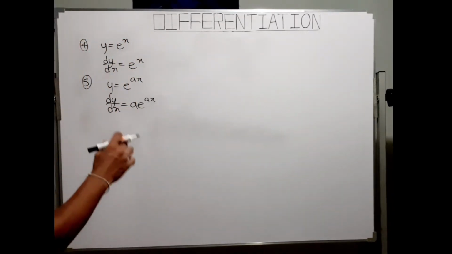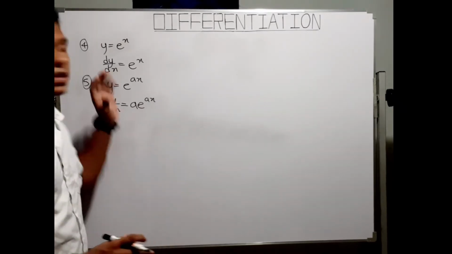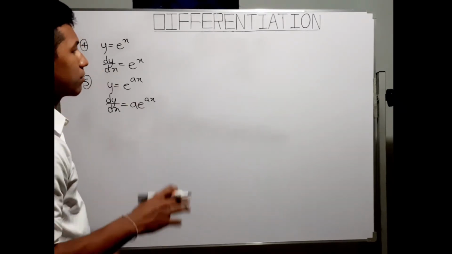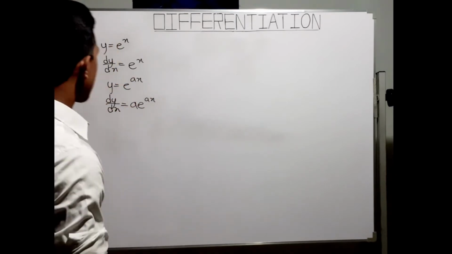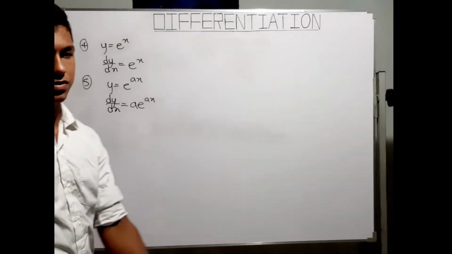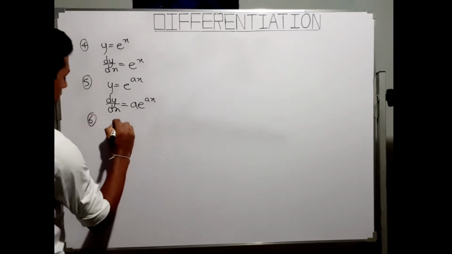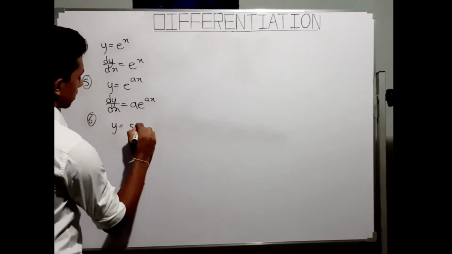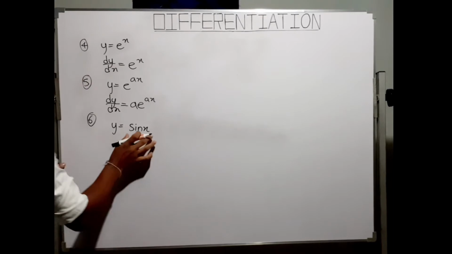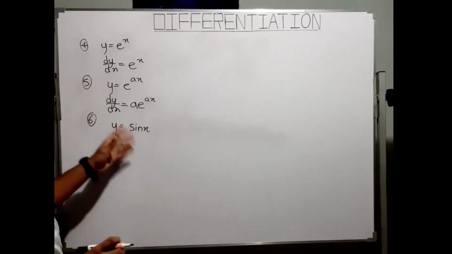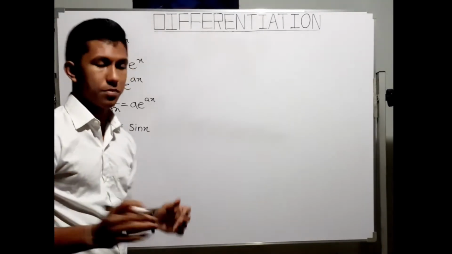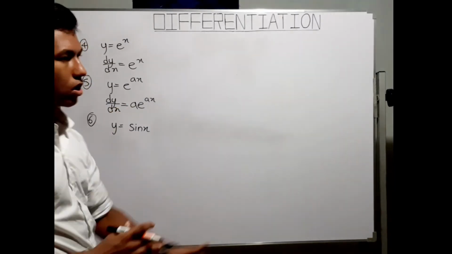We'll move on to a bit of trig. Now I'm teaching you all the theory, and further we'll be looking into some questions that include all of these differentiated versions. The sixth rule is y equals sine x. When you differentiate sine, it's very simple: you get cos.